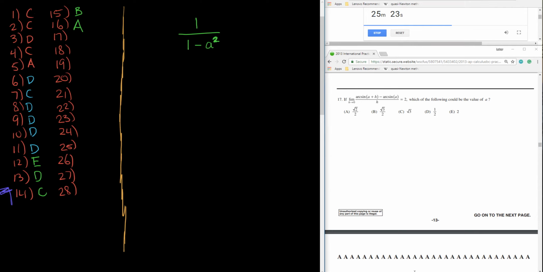Yeah. I'm going to flag this so we know to come back to it later if we have extra time. But for now, I'm going to go with this, because I don't actually remember if it's plus or minus or what. Equals 1/2. So a squared equals 1/2. Oh, okay.